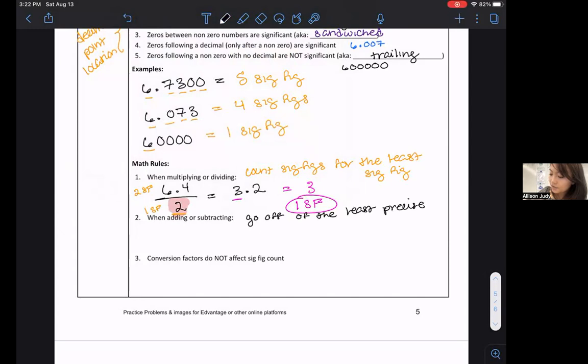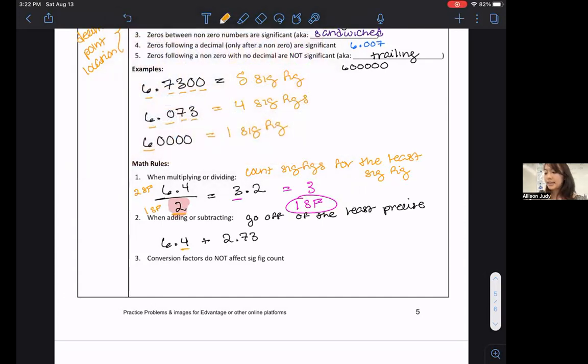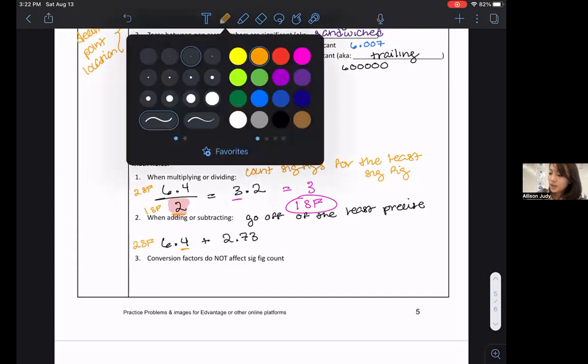Let's say I have 6.4 plus 2.73. Instead of necessarily counting sig figs in the beginning, I can just look at my least precise value and say, well, it is to that digit holder, okay, which gives me 2 sig figs. Often you'll find that these rules kind of cross over, but there are examples where they slightly differ. You'll just have to figure that out as you go.